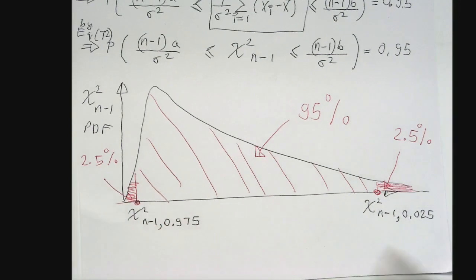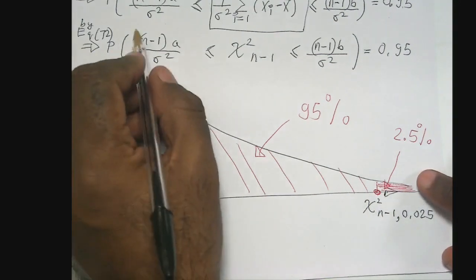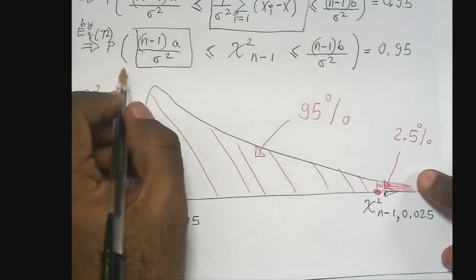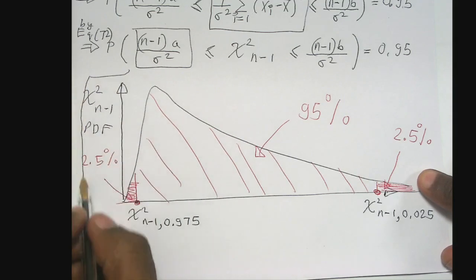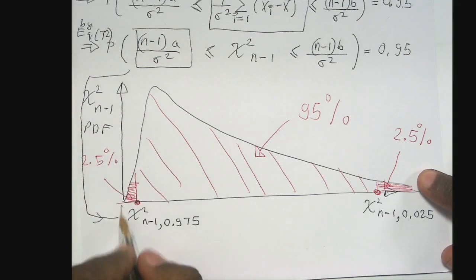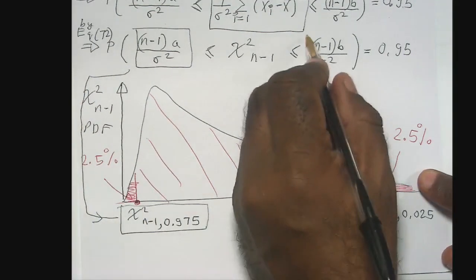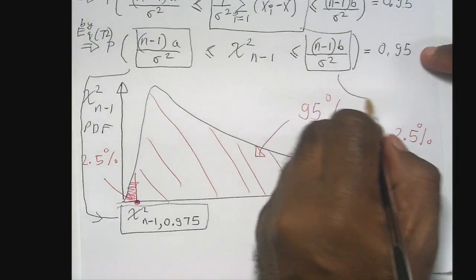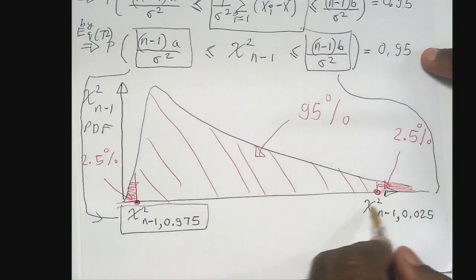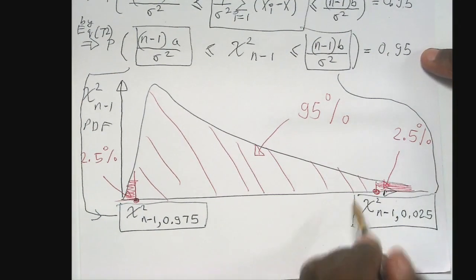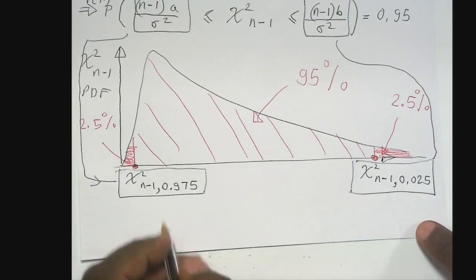Okay, so what we are saying is that this guy here must be equal to this, and this one here must be equal to this. So we have two equations.